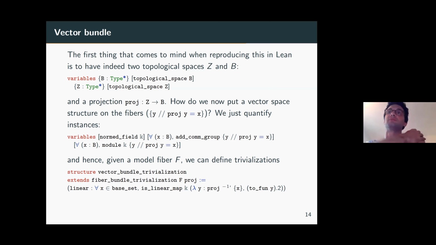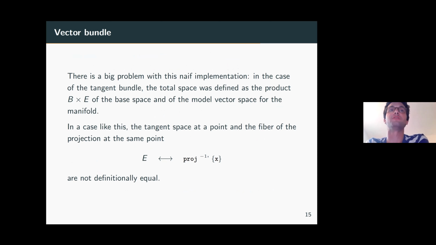And the problem is that, at the moment that we formalized vector bundles, the tangent bundle was formalized as the product of the base manifold with the model vector space of the manifold, and this product was then given a topology and a manifold structure so that it was made into the tangent bundle. And the tangent space at each point was defined to be the model vector space, was definitionally equal to this model vector space E.